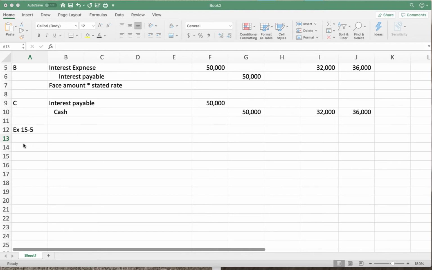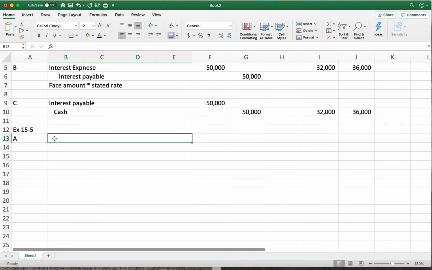Now, in Part A, it says, hey, we have different amounts here, right? You issue it at par, you issue it at a discount, you issue it at a premium. So let's just do the journal entry, right? So the first one says we issued it at par, right? Or we issued it at 100%.